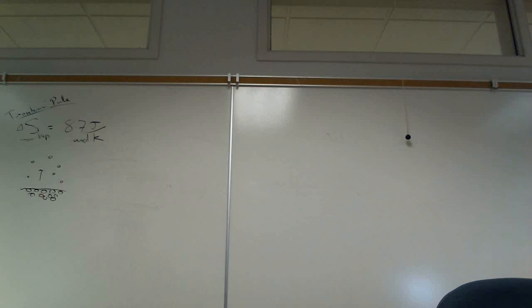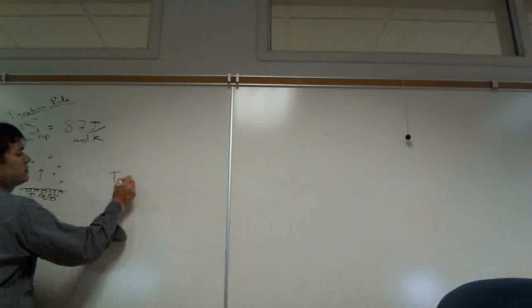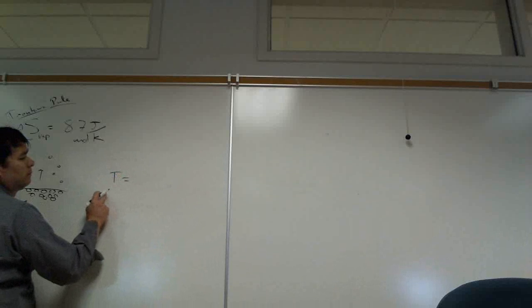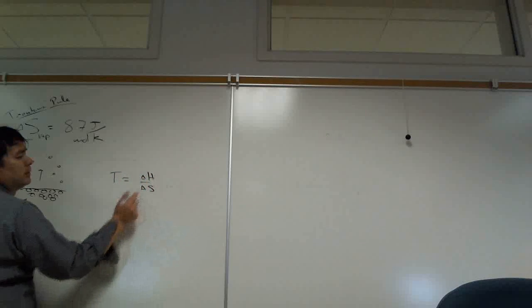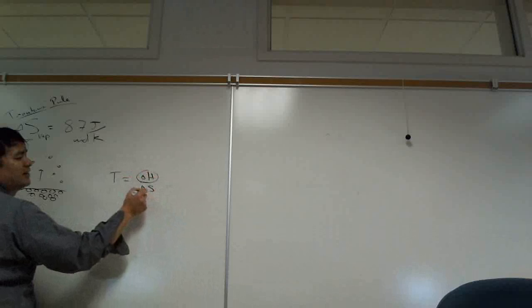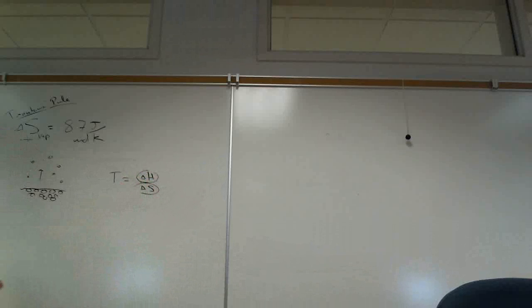If we want to figure out the temperature of a phase change, the temperature is going to equal delta H divided by delta S. Delta H we get from Appendix D. Even though delta S we could also get from Appendix D, we're going to use Trouton's rule to do it. Rather than getting the delta S of vaporization from Appendix D, you'll just use Trouton's rule, which is going to lead to an error.